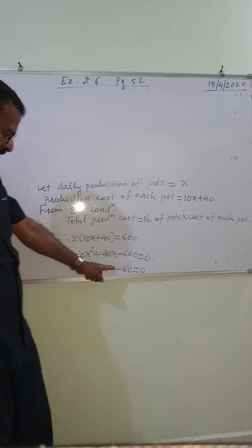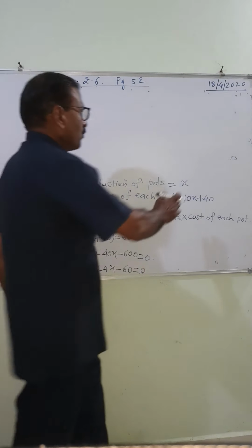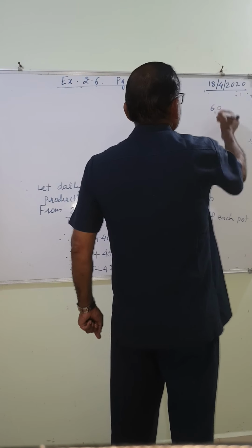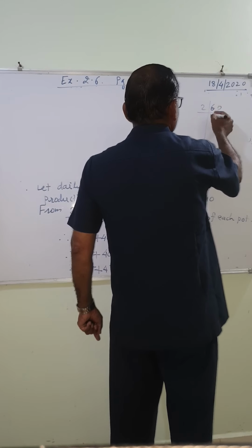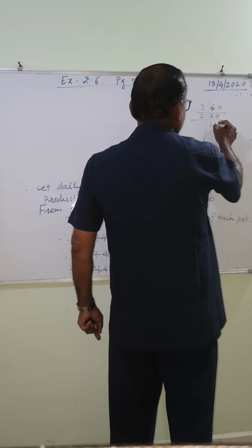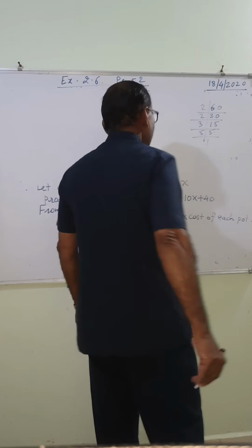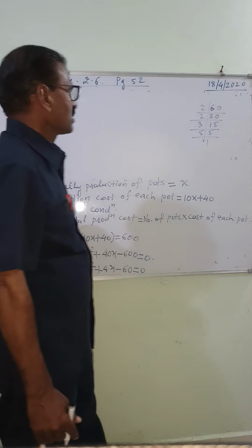So find the factors of 60 such that their subtraction is 4. So factors we will find of 60. 2 30s are, 2 15s are, 3 5s are, and 5 1s are. These are 4 factors. I want only 2 factors.